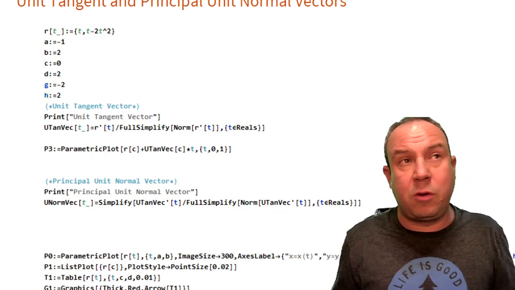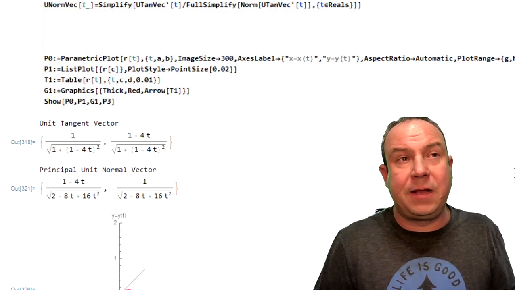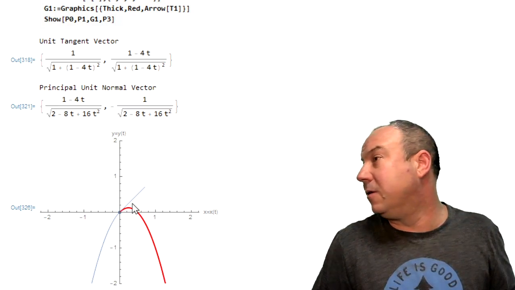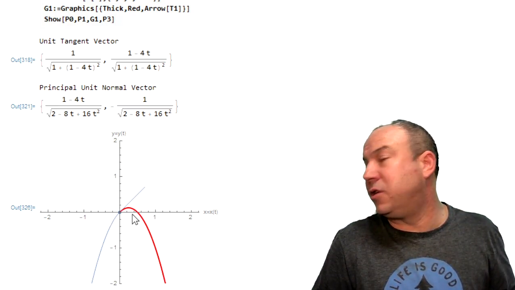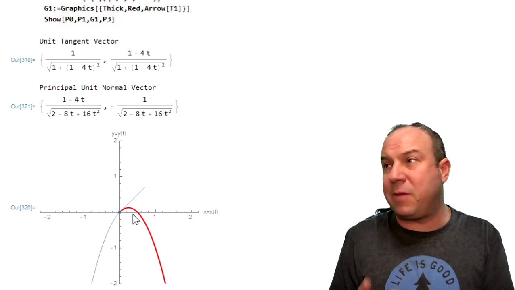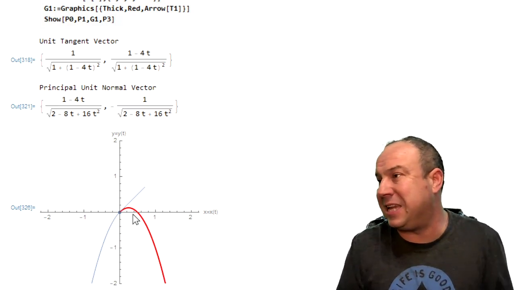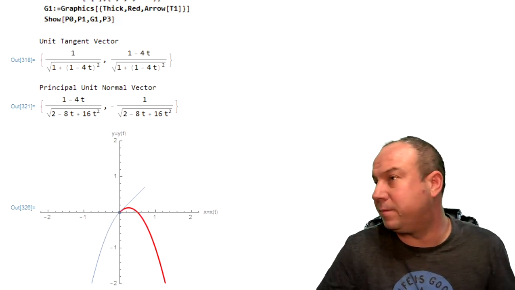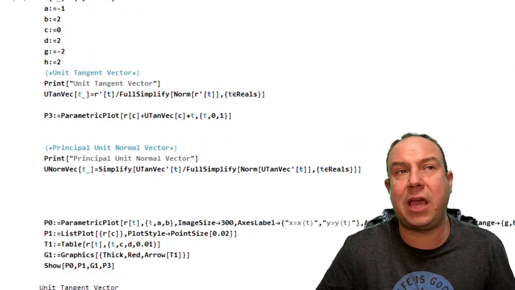Maybe we go no more than +2. Right? And then there we can see that 1 unit vector. Right? Notice the range is now set from -2 to 2. So I can adjust that in my program as I perform an analysis on these vectors. And notice that tangent behavior, right, at that location.